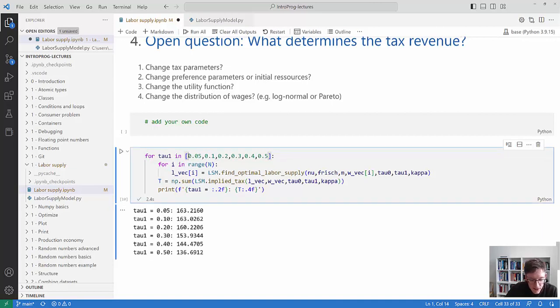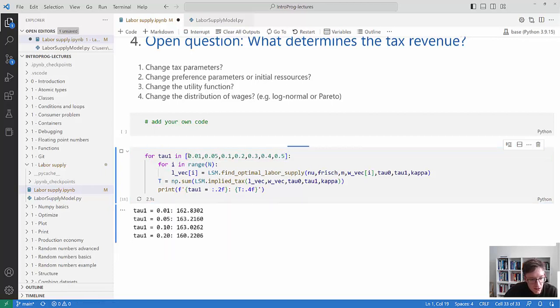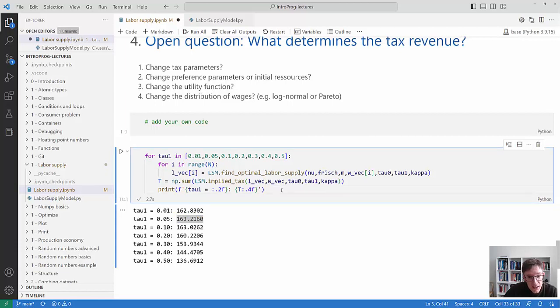We could actually get a slightly larger tax revenue. But if we go very low, then the tax revenue is falling again. So there's sort of limits here on how big we can get the tax revenue. Of course, that will change with the other preference parameters and the distribution of wages and so on. So that's something that could be interesting to investigate.